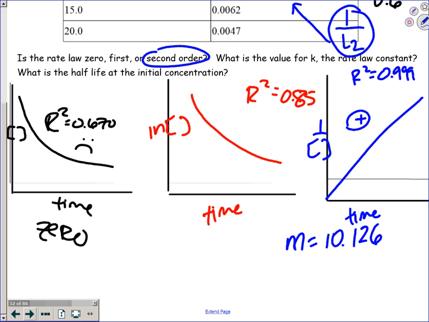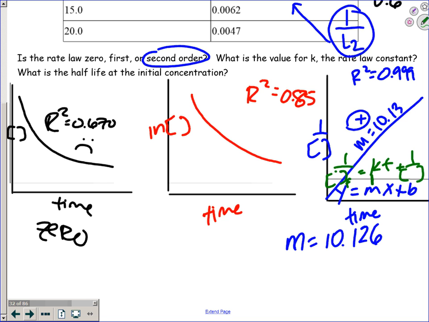So if the slope right here was 10.13 or something, that's supposed to be which variable? K, right? So y is equal to mx plus b: 1 over the final concentration is equal to positive kt plus 1 over the initial concentration. So m, the slope, is K.